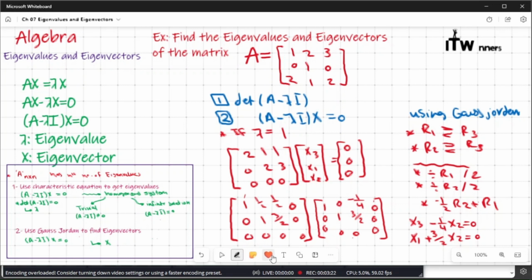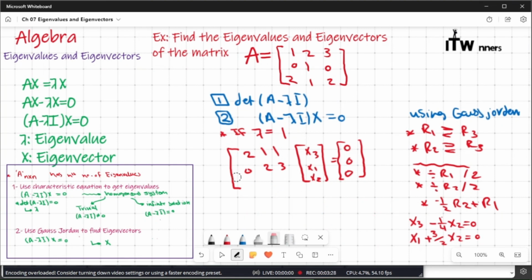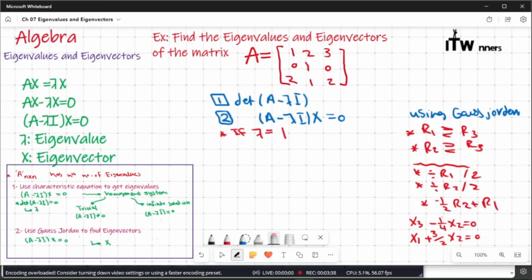So for lambda equal to 1, let x2 equal to 4 alpha, where alpha is an arbitrary value.